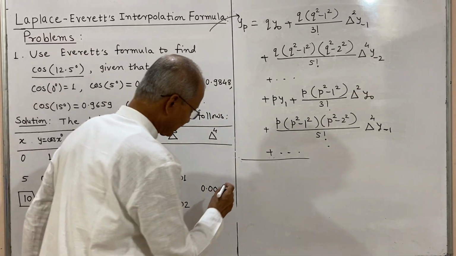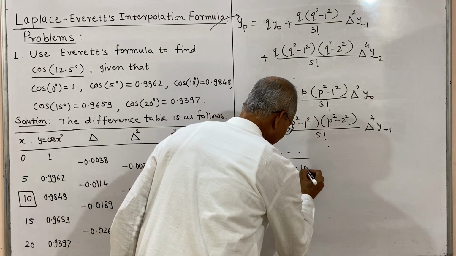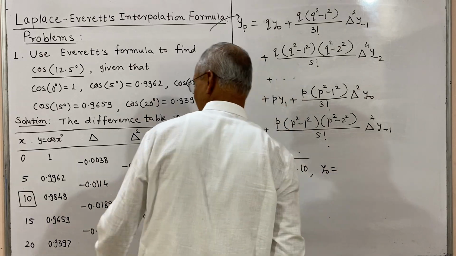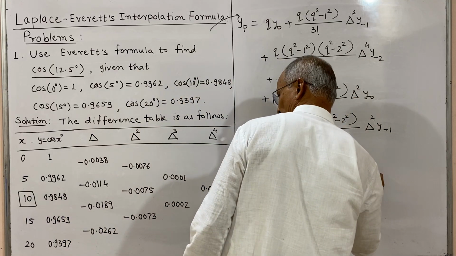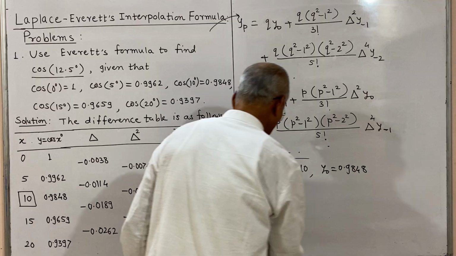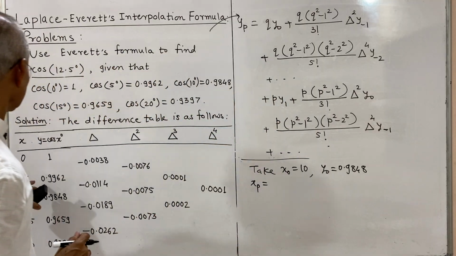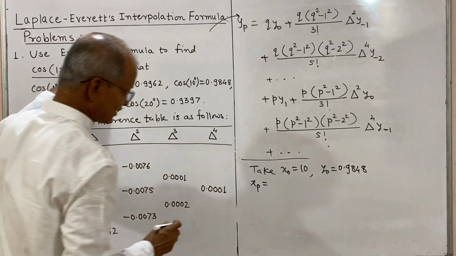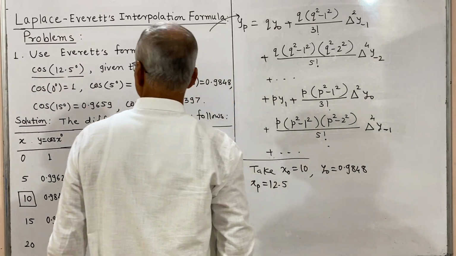So we take x naught is equal to 10. Therefore y naught will be 0.9848, etc. And what is xp? Xp is the value of x for which we require cos, and that is 12.5.